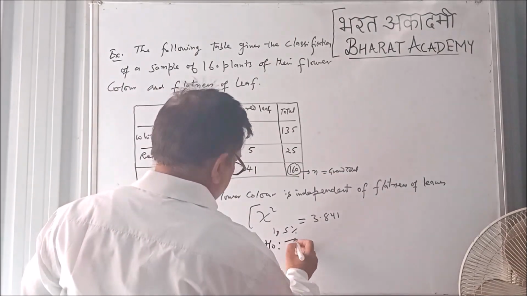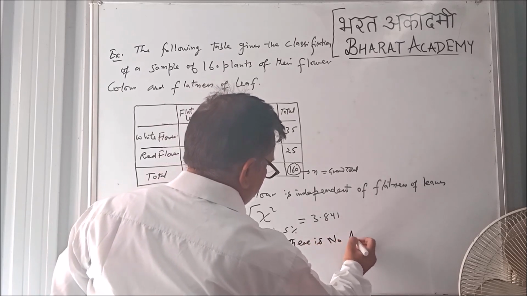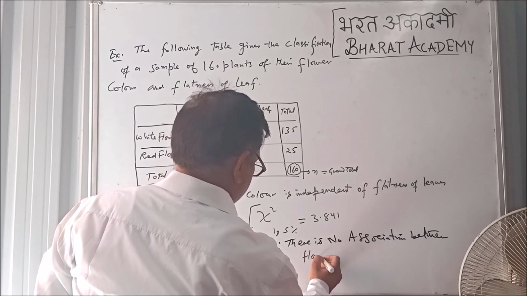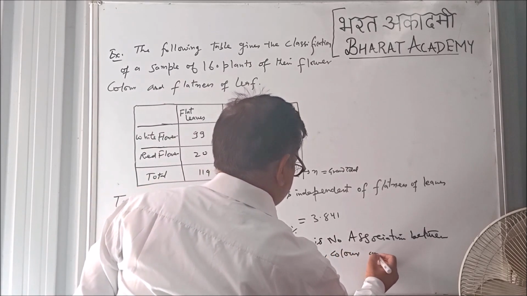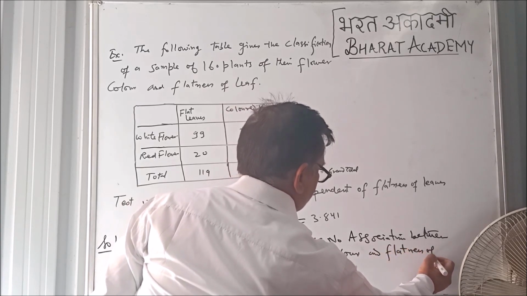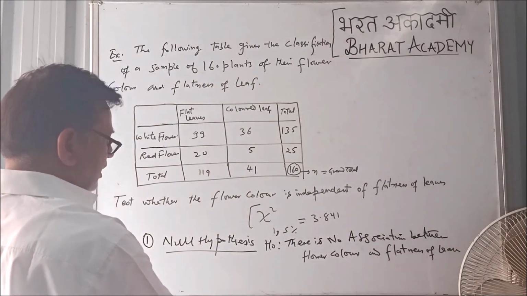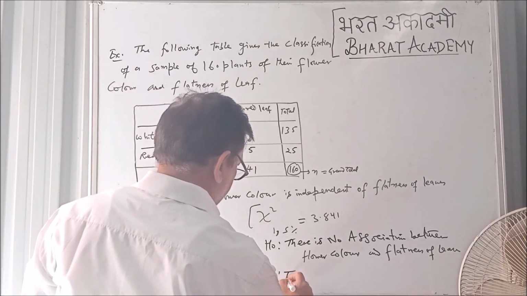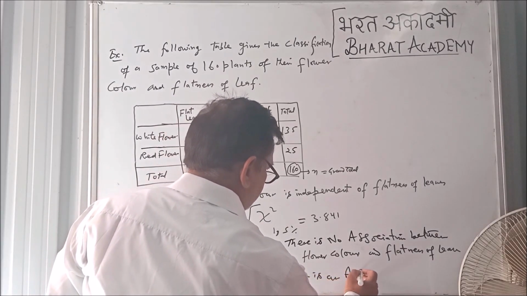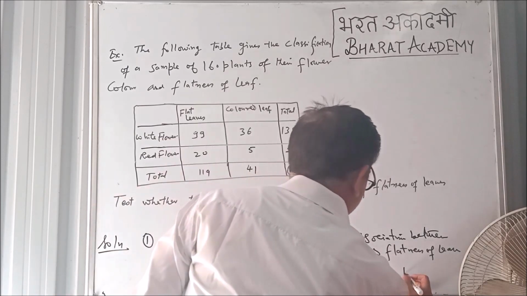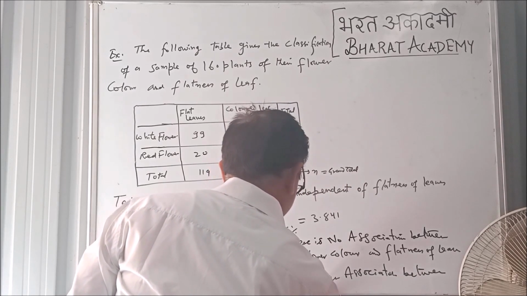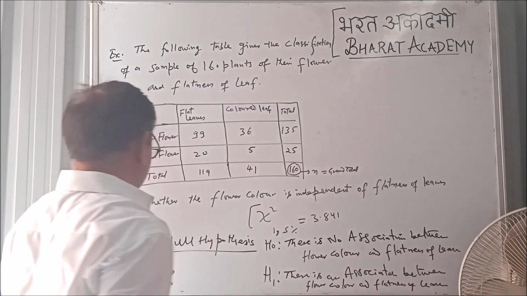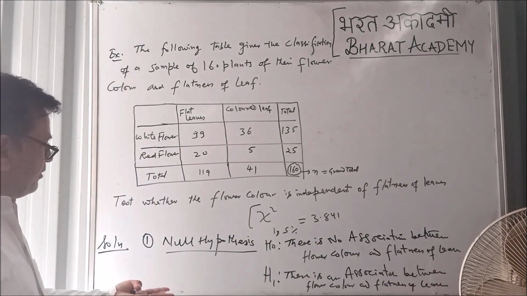Now, the alternative hypothesis based on this null hypothesis will be that there is an association between the flower color and flatness of leaves.